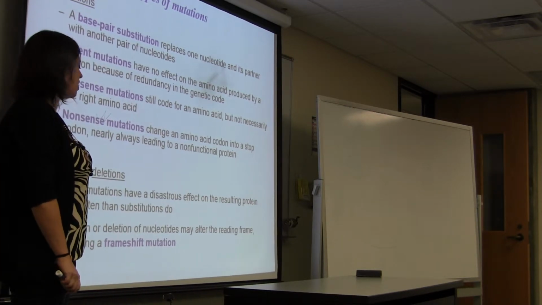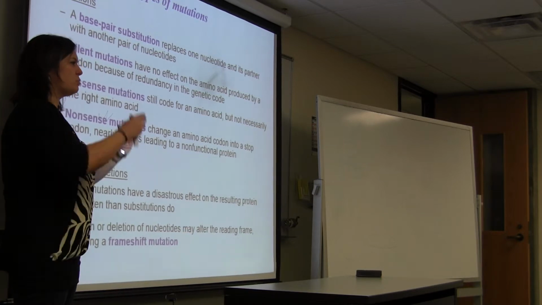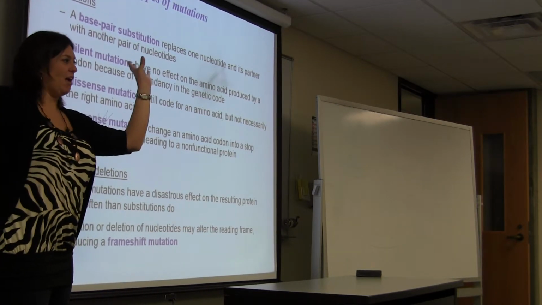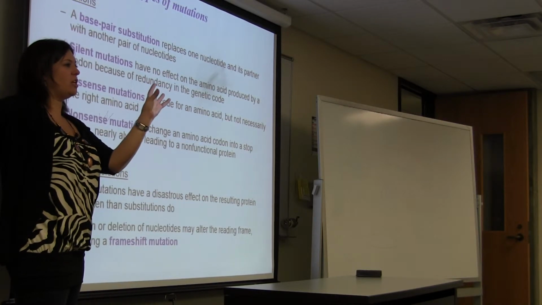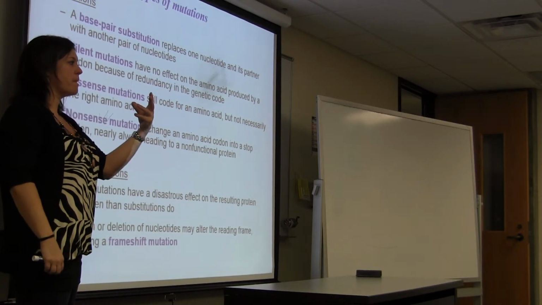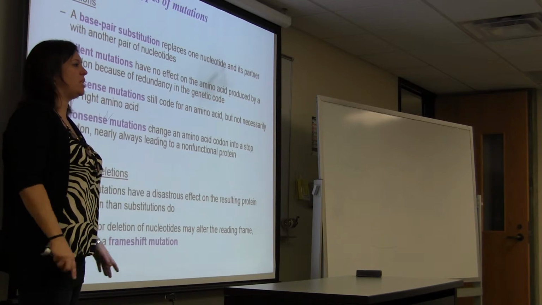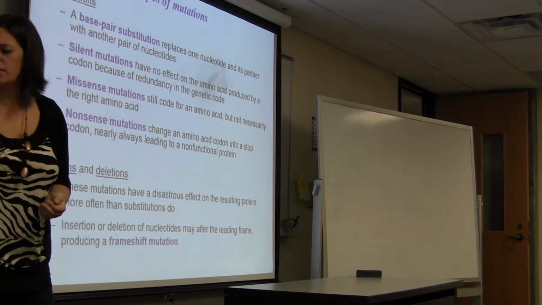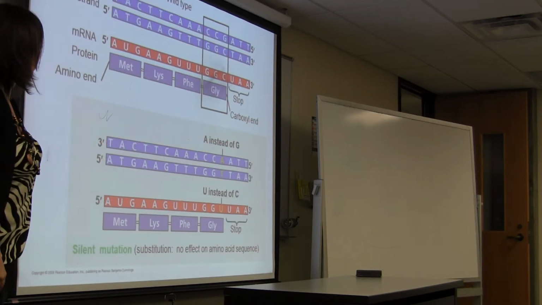And these frame shift mutations are so detrimental because once you mess up the reading frame, every single amino acid after that insertion or deletion is going to be messed up. And so that's really going to jack up your protein, which means it's not going to be able to work like it should. And so we'll go through and we'll look at examples of all of these.